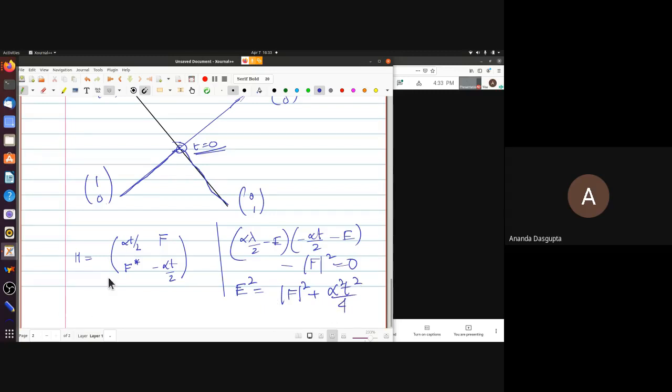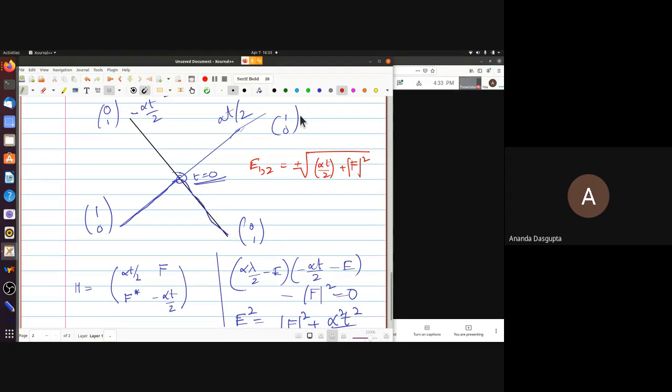Two energy eigenvalues that this system has, which of course in the limit f goes to 0 gives us back our old result that the two eigenvalues are plus minus alpha t by 2.